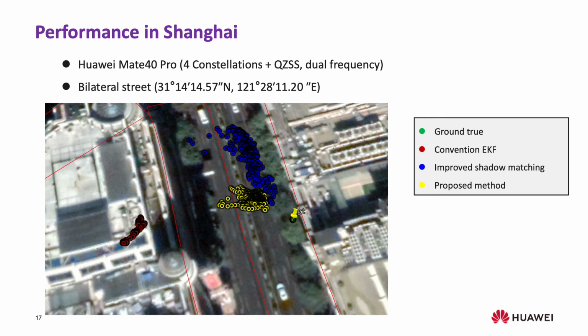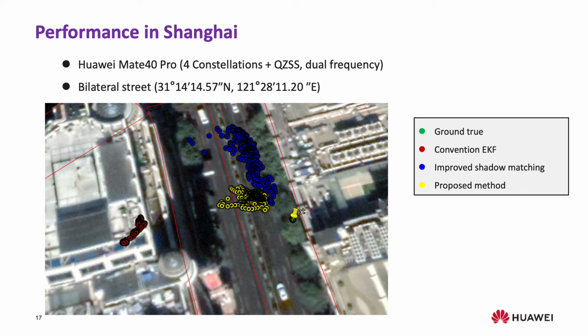This slide shows the performance on a bilateral street. We can see from the figure that the green point indicates the ground truth position. The red points indicate the positioning solution calculated from a conventional extended Kalman filter, which is off the road, not good enough for urban positioning.